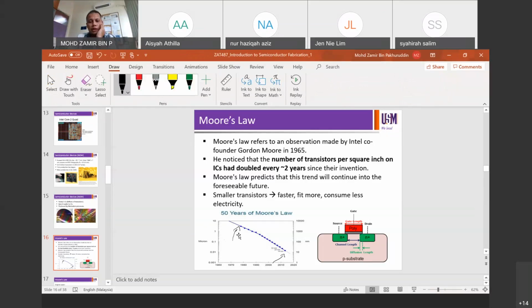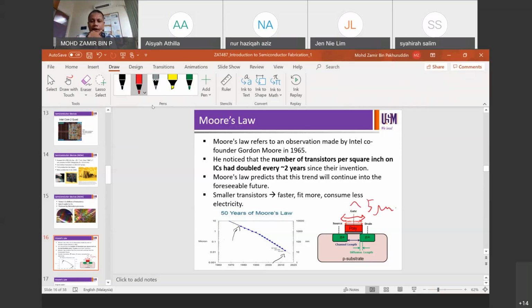What this means is that the micron on the y-axis means the gate length, right? You can see on the right hand side, this is the gate length. Back in the 1970s, the gate length was somewhere around 5 micron maybe, the capability of the process that we could do.